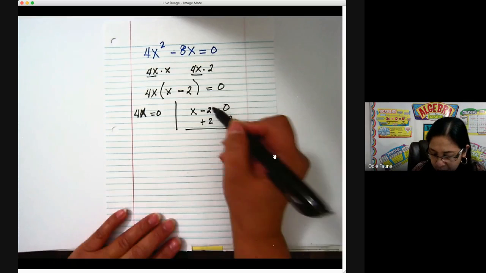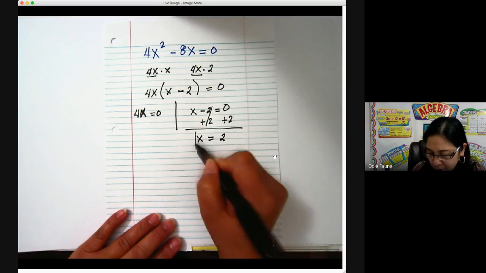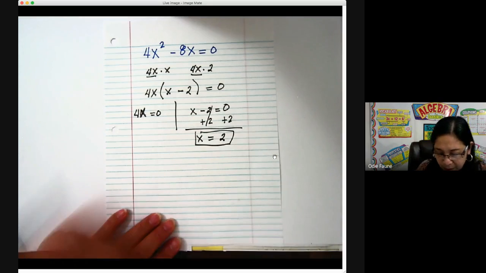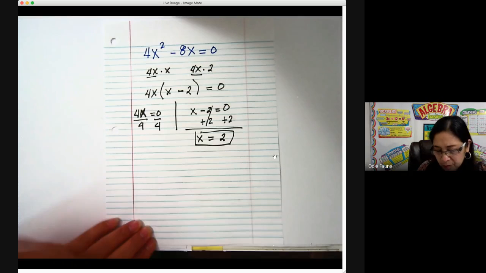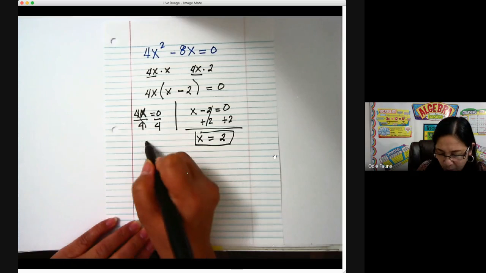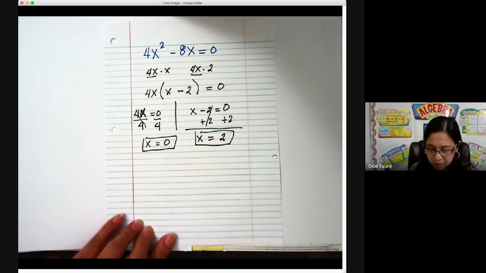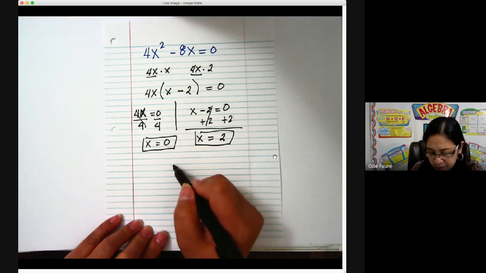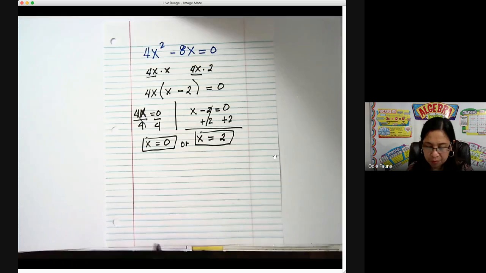So this is 0 pairs. X is equal to 2. So this is one value of x. And this one, we can divide both sides by 4. That is 1. 1x is equal to 0. This is the other value of x. So x is equal to 0 or x is equal to 2.